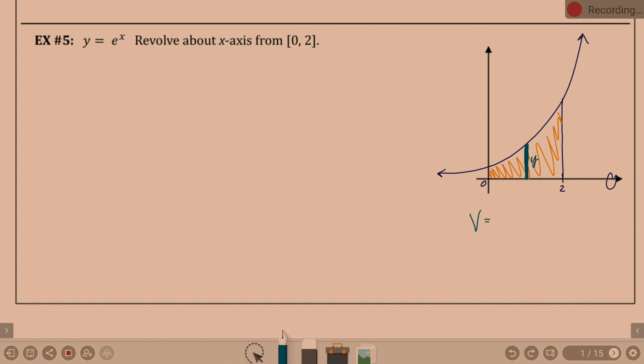So this is going to be pi y squared, and the width of this is dx. Now, what does y equal? This graph was y equals e to the x. So that means we're doing e to the x, quantity squared, dx, from 0 to 2.